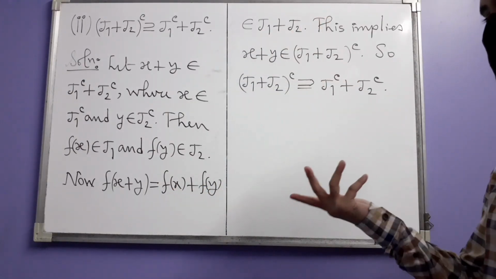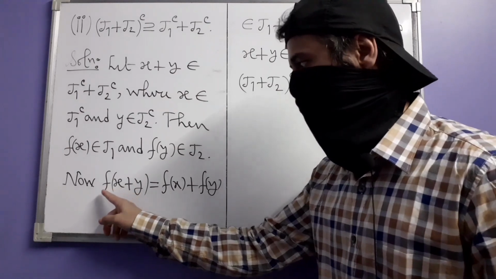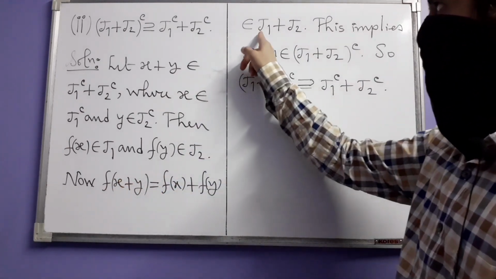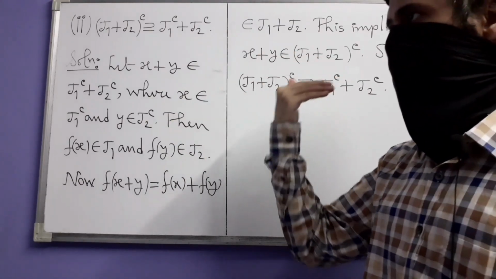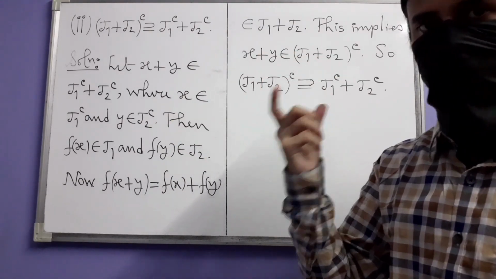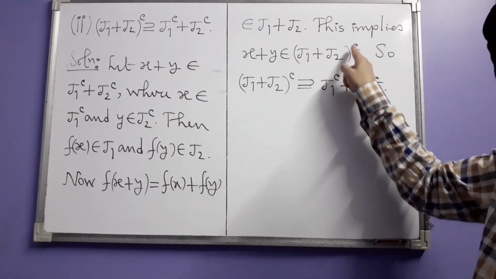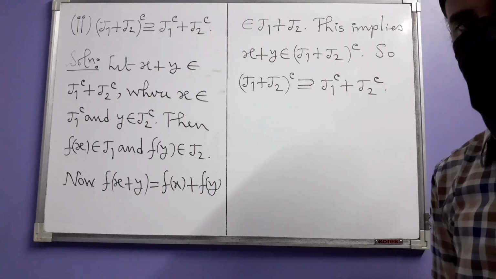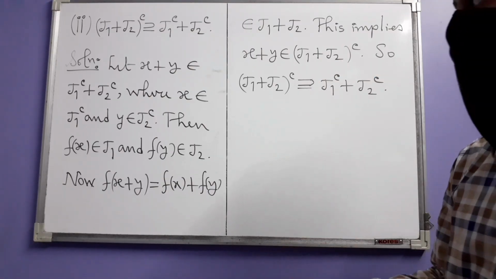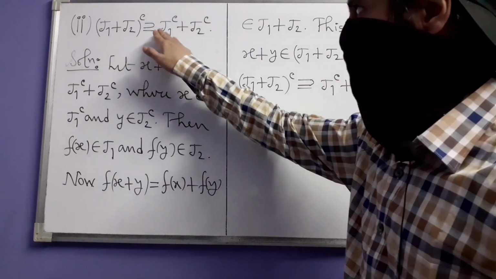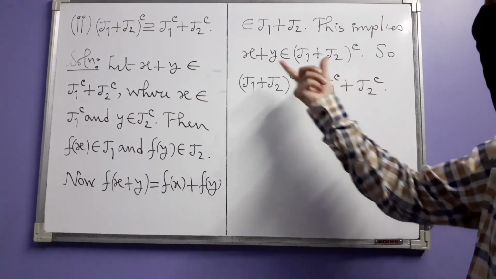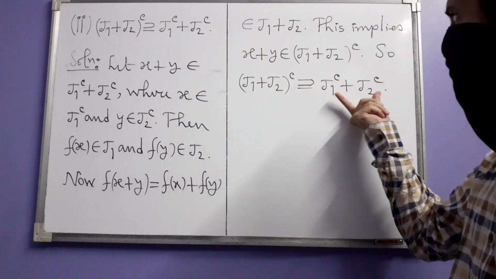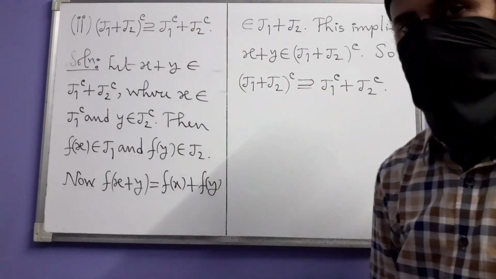But then what does that tell us? f of x plus y belongs to this set. So x plus y would belong to the f inverse of that set, which however by definition is just the contraction of J1 plus J2. And that's it. Because any element here is also here. And that is why this is a subset of this.